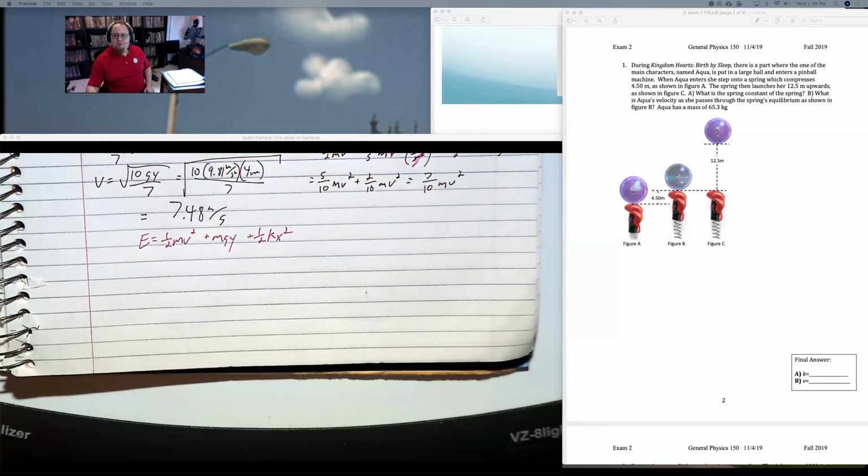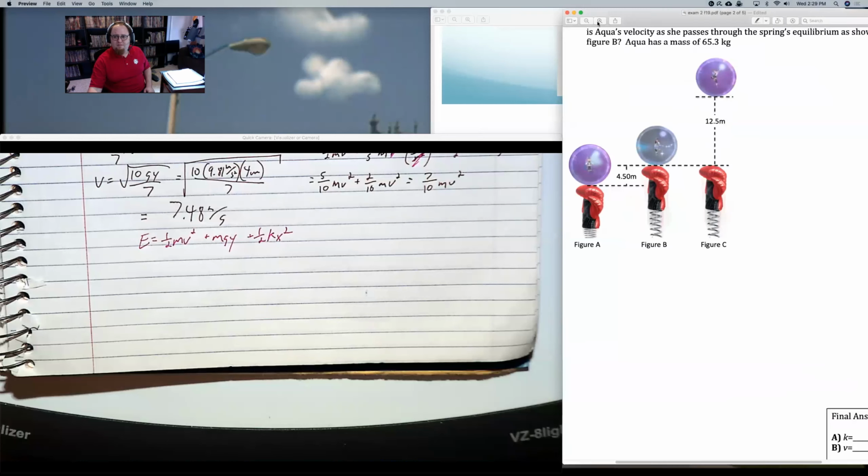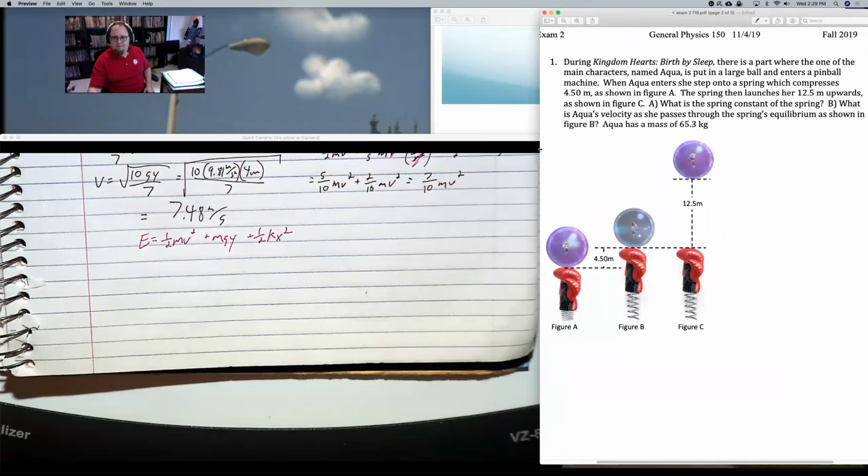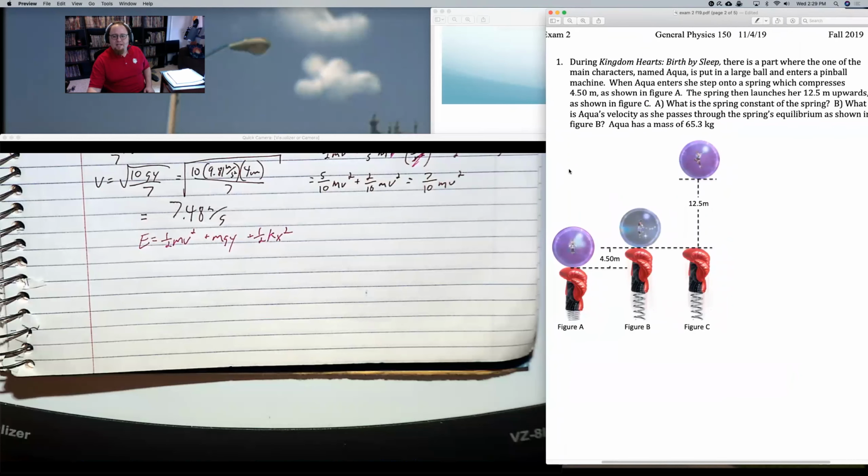So what I can do, and you know what, can I make that a little bigger? So what I can do is figure out what I know about each one. Now in this case, she's going up and down in y, and the spring is being compressed up and down in y. So they're both in the same axis.